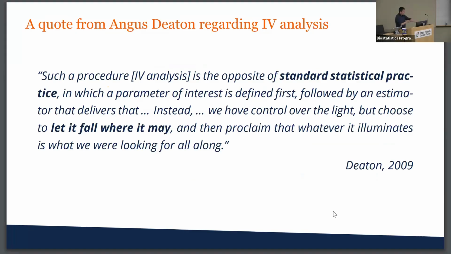A famous economist said IV analysis is the opposite of a standard statistical practice, in which a parameter of interest is first defined, followed by estimators that deliver that parameter or estimate. Instead, with an IV analysis, we have control with the light, meaning the IV, but we choose to let it fall where it may, and then proclaim whatever we found is what we were looking for all along.